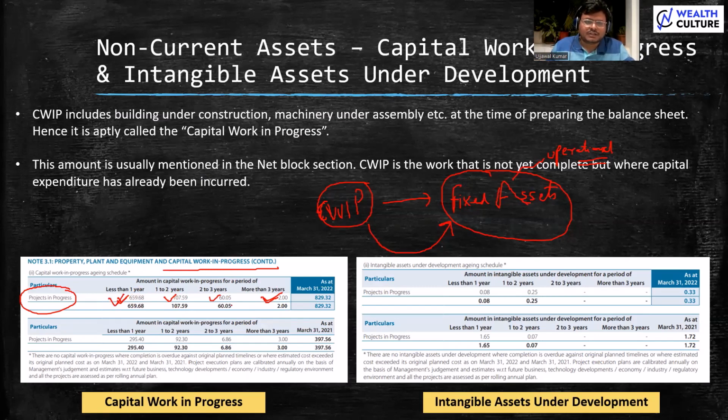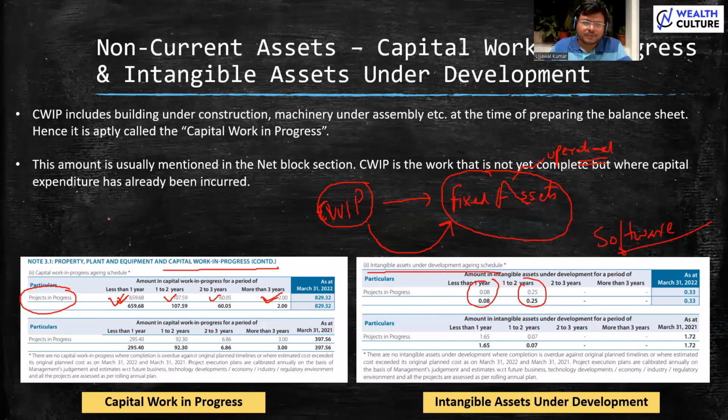Very few investments have been happening for more than 3 years but still not converted into fixed assets, right? So that way you get to know how much money is invested and how quickly it will become operational. It's the same thing for intangible assets also. As we discussed, this amount will be much higher if you are looking at a software business.